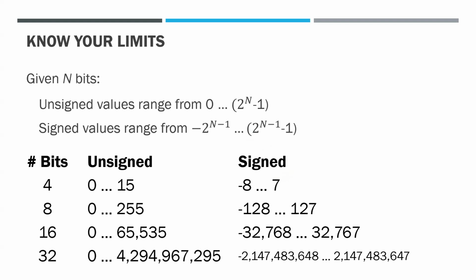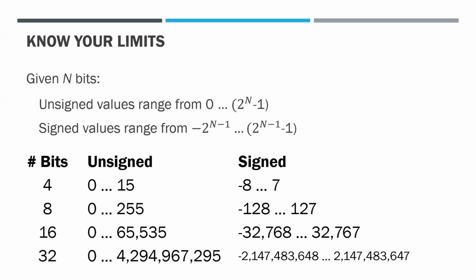And you can continue extending that formula out. We talked about 8-bit values ranging from 0 to 255. But for signed values, it's going to be negative 2 to the 7th up to 2 to the 7th minus 1.